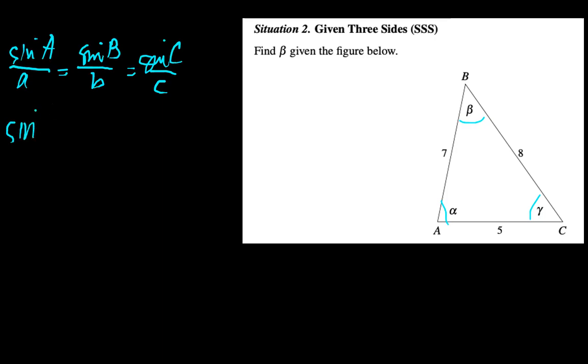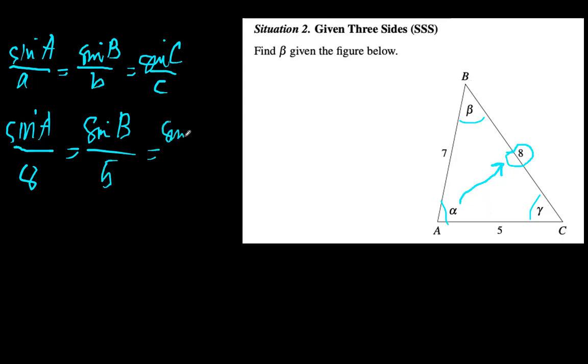Angle A is unknown, and the side A is equal to 8, as we knew that the side A is the opposite of the angle A. Angle B is also unknown, and its opposite side is equal to 5. And angle C is also unknown, and its opposite side is 7.